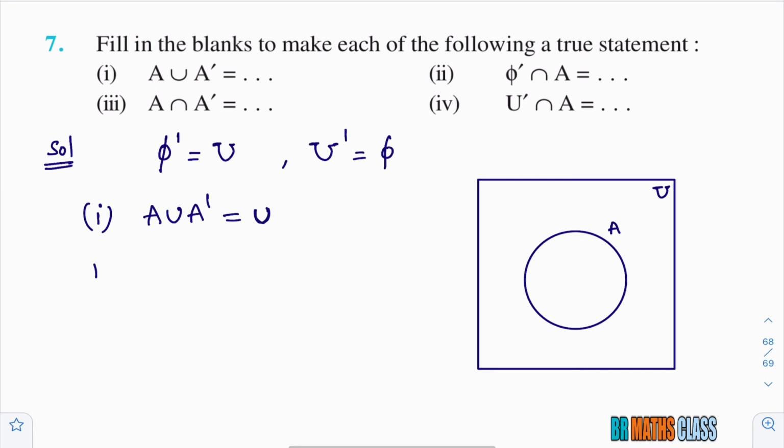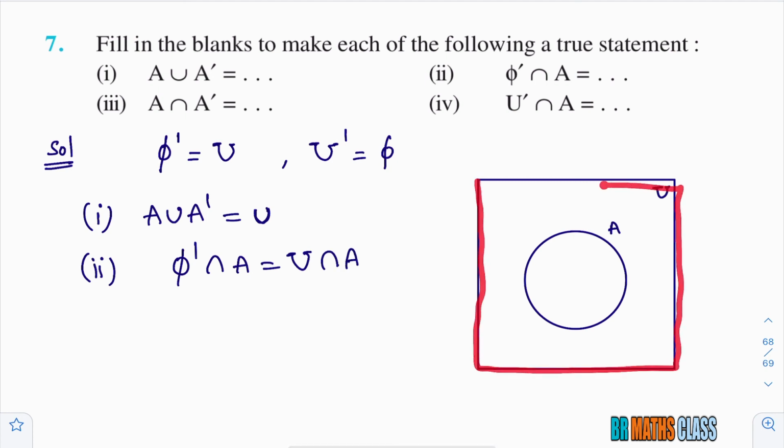Now we will move to the second bit. What is the second bit? Phi dash intersection set A. You know that the empty set complement is the universal set. This is the formula, right? Universal set intersection A. This is the universal set, and A is here. You can observe that set A is a subset of the universal set.